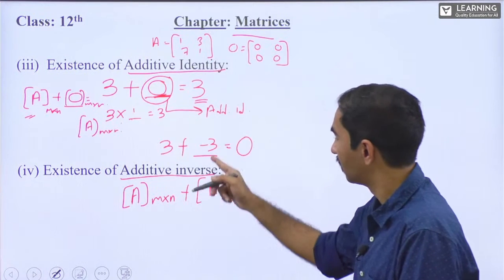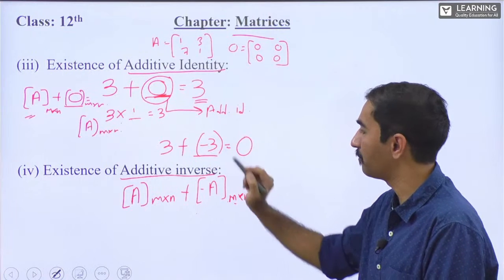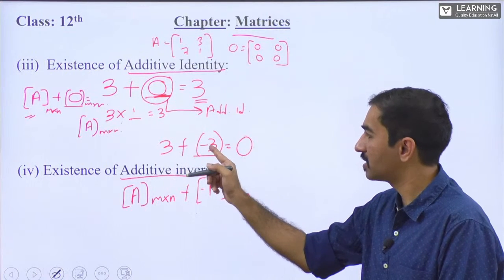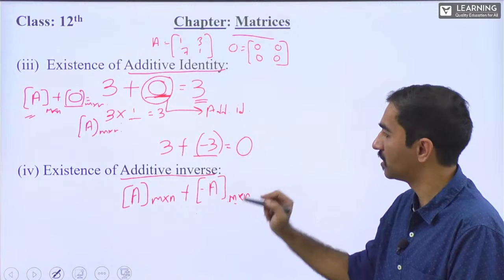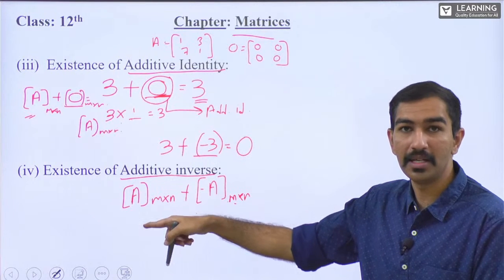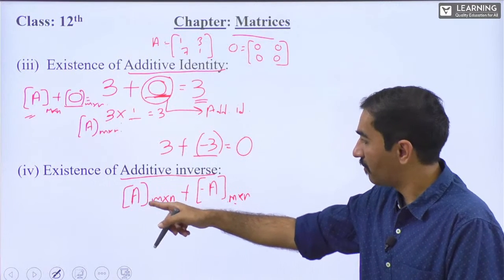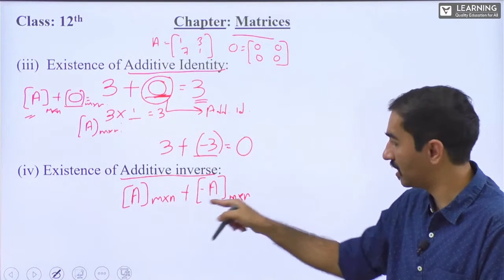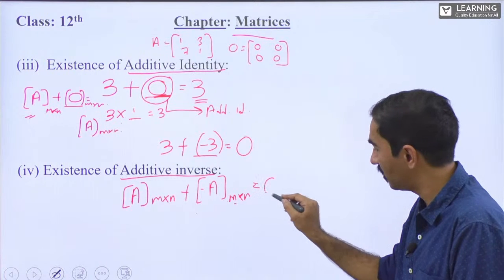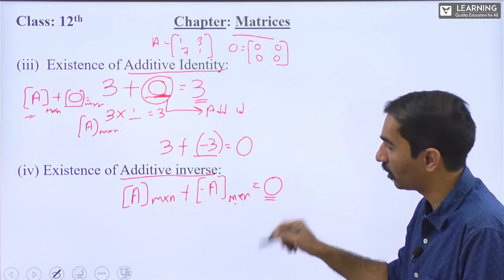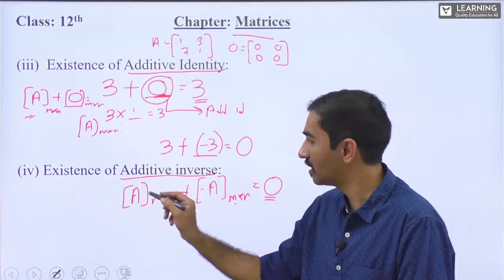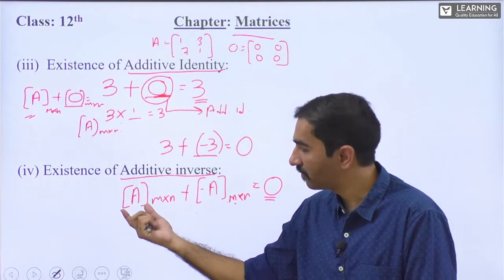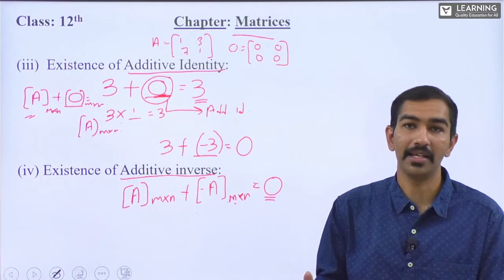Very similar to this, see in the bracket we have minus 3. So 3 plus of minus 3 is 3 minus 3, which is equal to 0. The same thing is applicable here as well. Matrix A of order m cross n plus the negative of this matrix of the same order will be giving us 0. So existence of additive inverse is nothing but the negative of the given matrix.